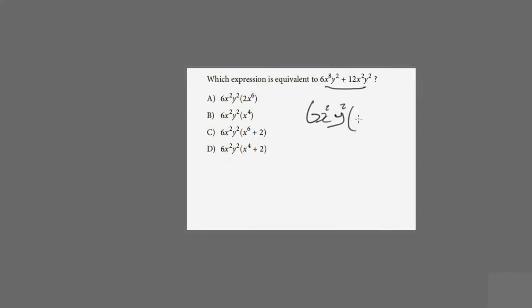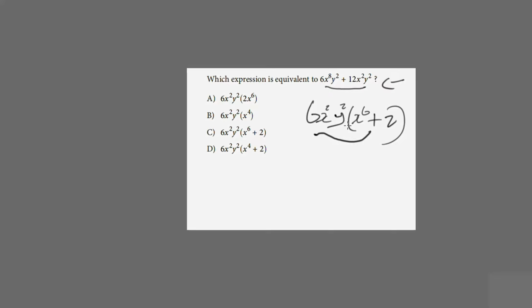So what we're going to have inside now would be x to the power 6, then plus 2. So this will be the answer. When you multiply what we have outside by what we have inside, you get back to this expression. So this is basically the answer to this question. The right answer is option C, right?